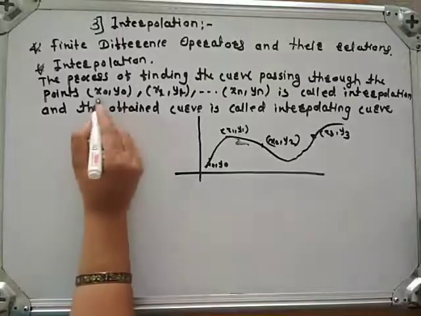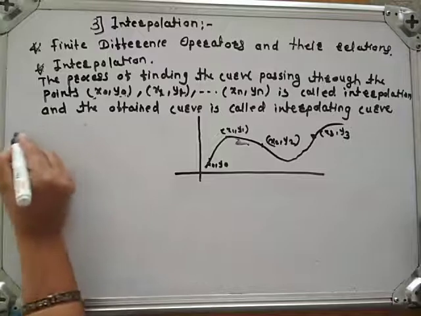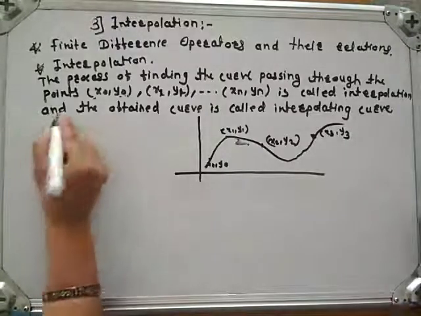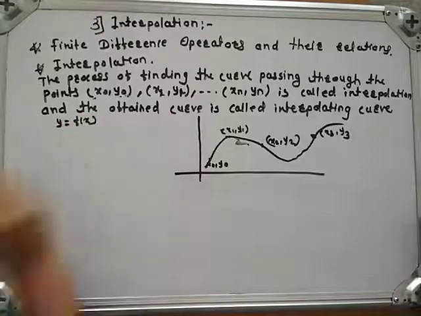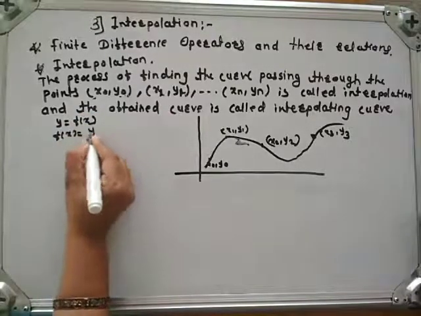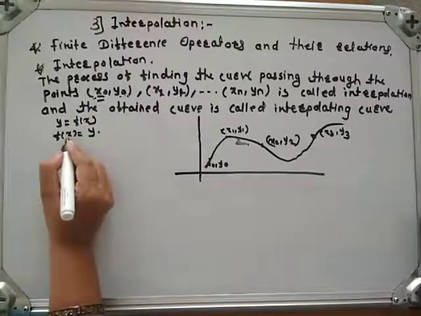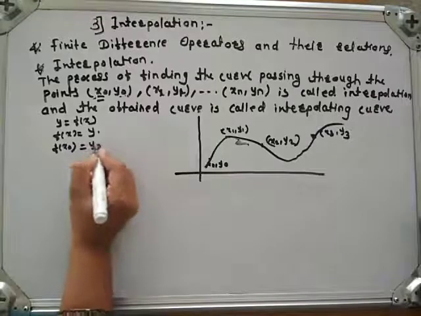And here observe that for any function, if you have a relation y is equal to f of x, and you put value of x equal to x0, then you get y0.